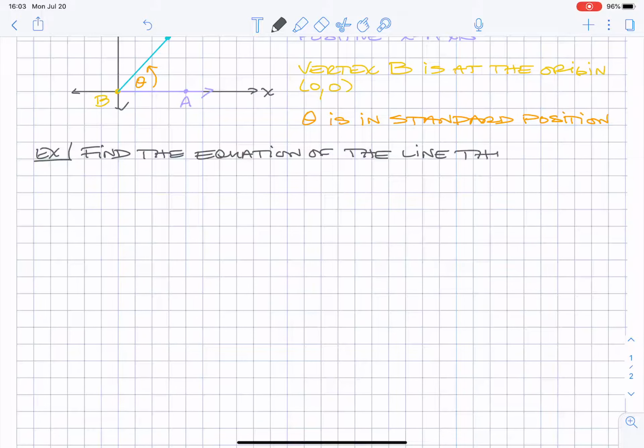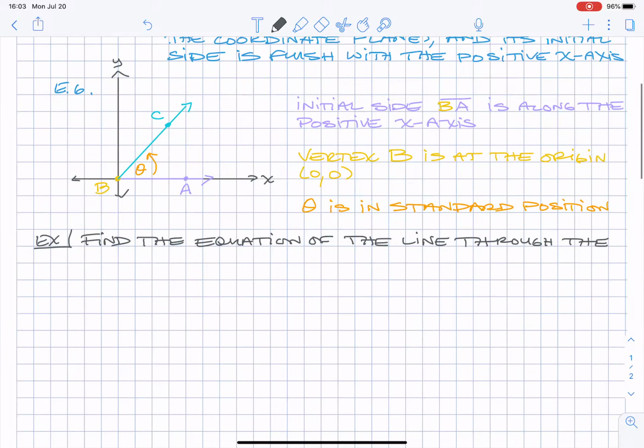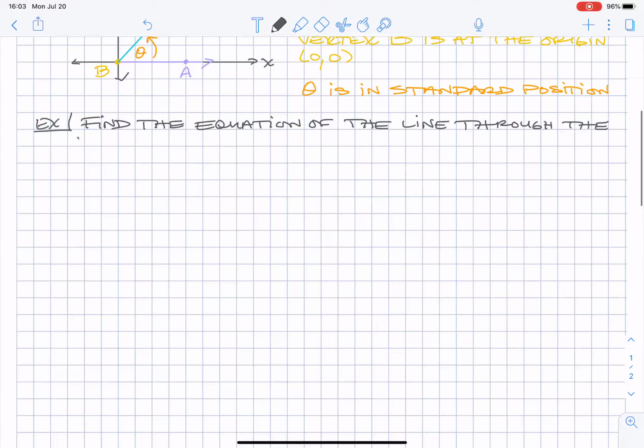Remember, the terminal side would be like the blue guy up here. Through the terminal side of theta pictured below. Okay, so let me draw the picture.